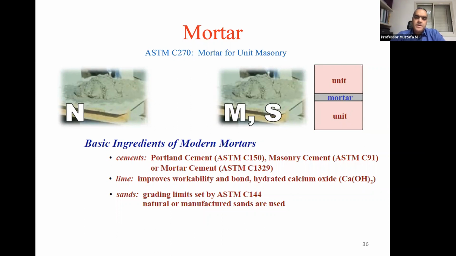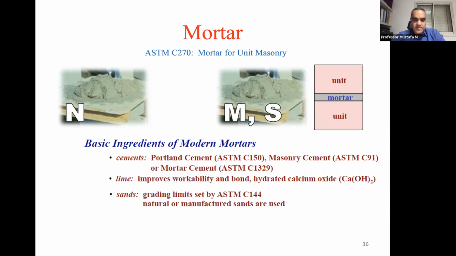And M is actually less used. It has more strength, but it's less used because it's a little bit more expensive, and it requires some work to maintain it during building to have its strength and the right contents of the material while building the masonry.